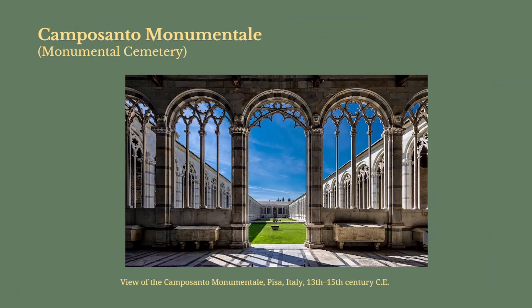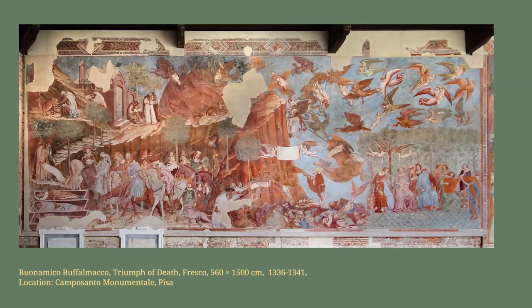The Camposanto fresco displays a powerful meditation on mortality, portraying the unavoidable nature of death and the fleeting nature of earthly pleasures. The cemetery itself was said to have been built on sacred soil from Jerusalem, further emphasizing its spiritual significance.